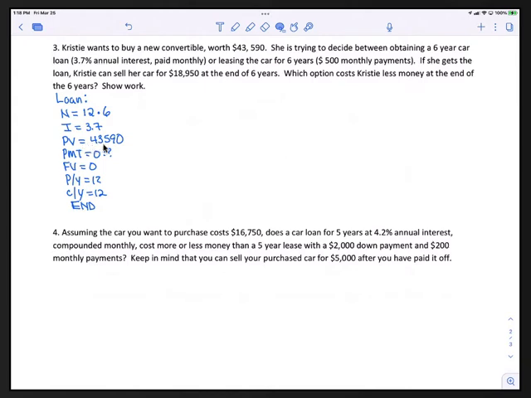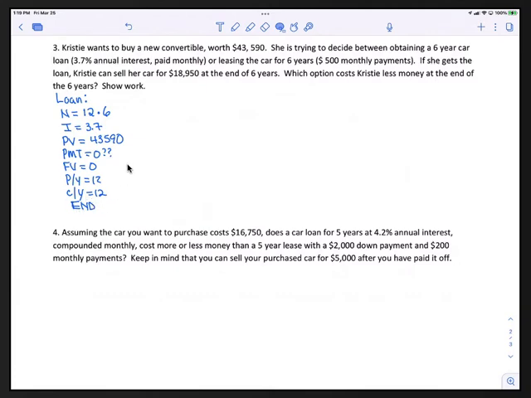The present value is the price of the car, which is $43,590. Payments is 0 because we're having to solve for the payment. Future value is 0 because we're paying off the loan completely. And both PY and CY are 12 because it's monthly. And we're going to make sure that we have end selected.